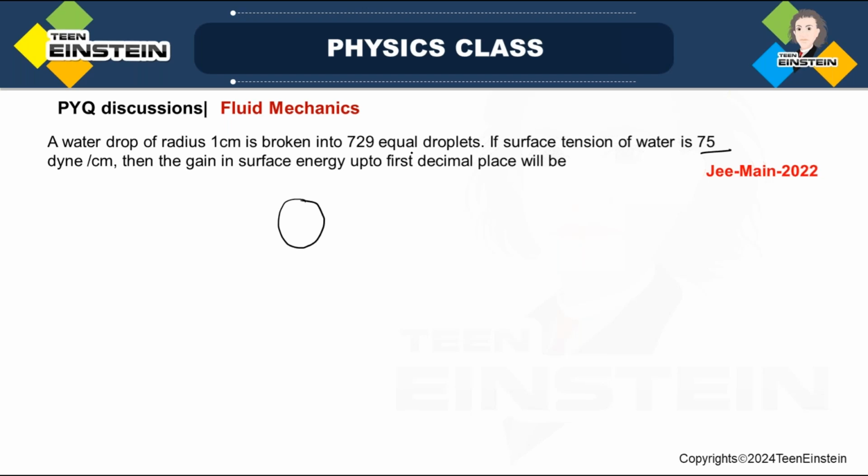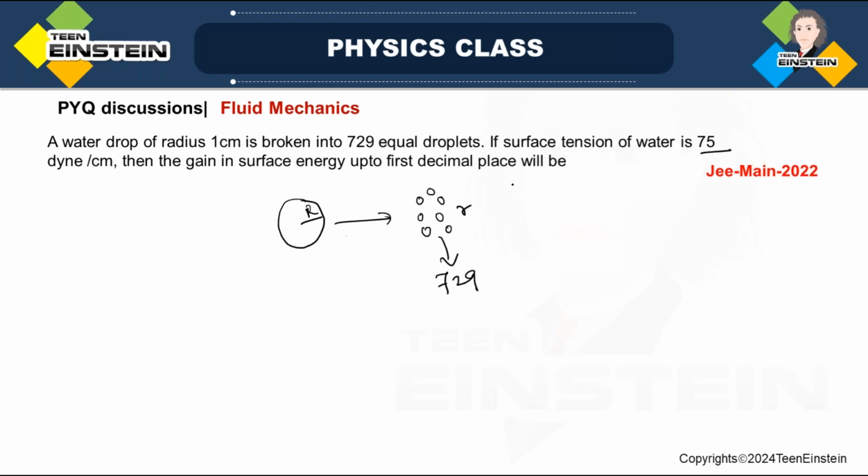This has a radius, suppose, capital R, that is 1 centimeter given over here, and this is broken into tiny parts, equal drops. And how many of these are there? This many equal drops.